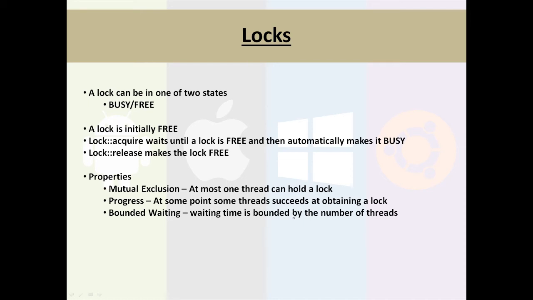So if there is an acquire statement, at some point a thread will get that lock. And bounded waiting. This means that our waiting time is bounded by the number of threads. This is more of a statistical or complexity analysis type thing. If you have 8 threads, the waiting time will be bounded by a factor of that 8. If you have n threads, your waiting time will be dependent on n.